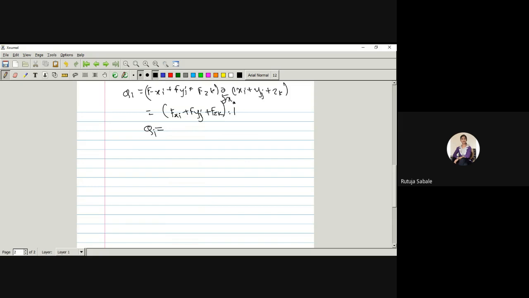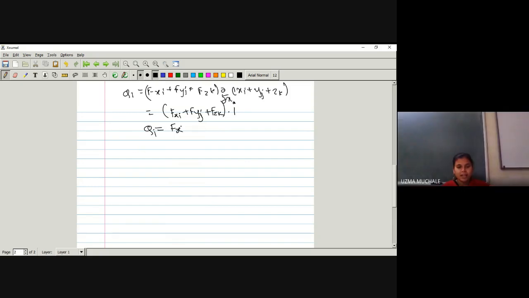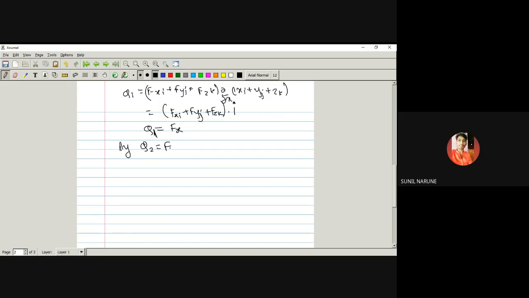i dot i is 1, so it will be fx. i dot i is 1, j dot i is 0, k dot i is again 0 in the dot product. So the value of q1 we have obtained is fx. Similarly, I can have the value of q2 equal to fy.